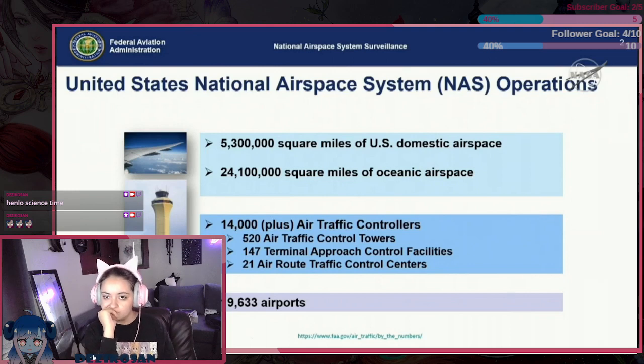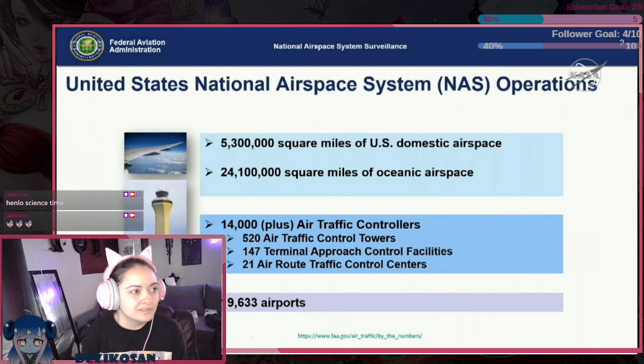We have 147 what we call terminal radar approach controls, or TRACONs, and those are manned control facilities at the high and medium density airports around the nation, as well as 21 air route traffic control centers, which manage the control of air traffic in the en route environment. There's over 19,000 airports. Over 5,000 of those are public airports, with the remaining 14,000 plus being private airports.